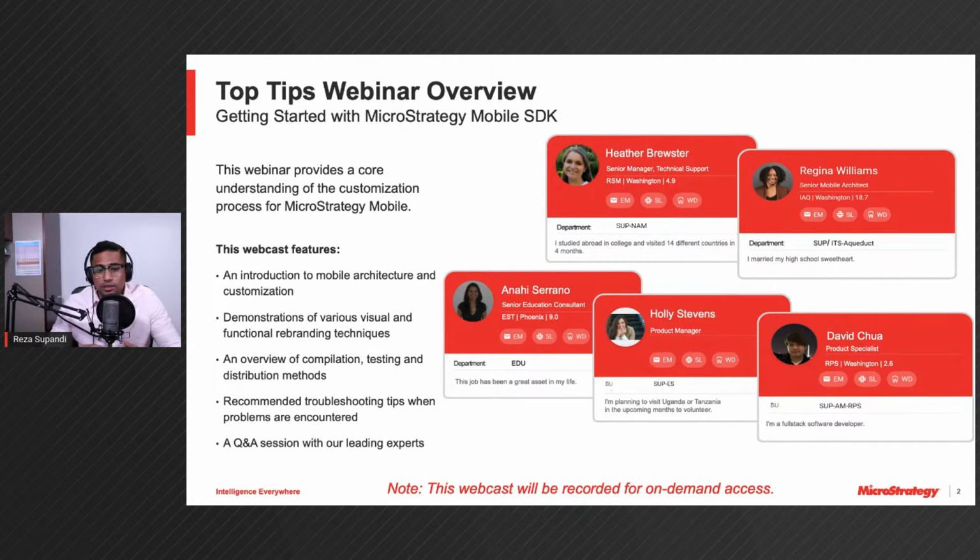We also have Holly Stevens, our product manager from our technology team, who will share some key features in the product roadmap, as well as Anahi Serrano, a senior education consultant, to share some additional courses to help you learn more about this topic. And finally, we have Heather Brewster, another member of our North American support team, behind the scenes reviewing any of the questions posted on the chat feature throughout the presentation so that our experts can answer them for you during our Q&A session at the end of this presentation.